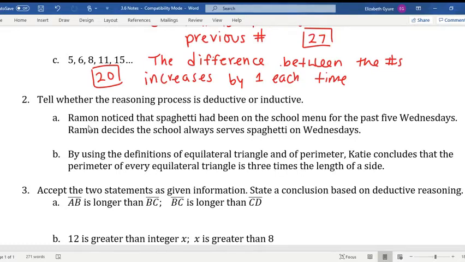So for part A, Raymond noticed that spaghetti had been on the school menu for the past 5 Wednesdays. Raymond decides the school always serves spaghetti on Wednesdays. Well, you're making an observation, right? And you're making a conclusion based off that observation and that pattern. So this would have to be inductive reasoning.